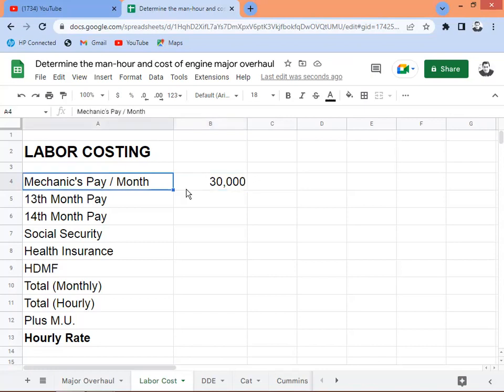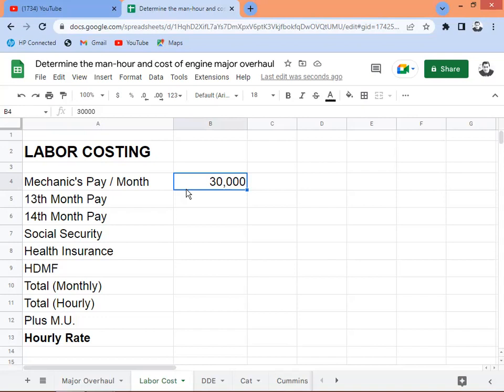Some regular mechanics like automotive mechanics are just receiving around 18,000 or maybe 20,000 per month in salary. But the heavy equipment mechanic, specialized mechanic or most senior mechanics receive more, maybe around 30,000.